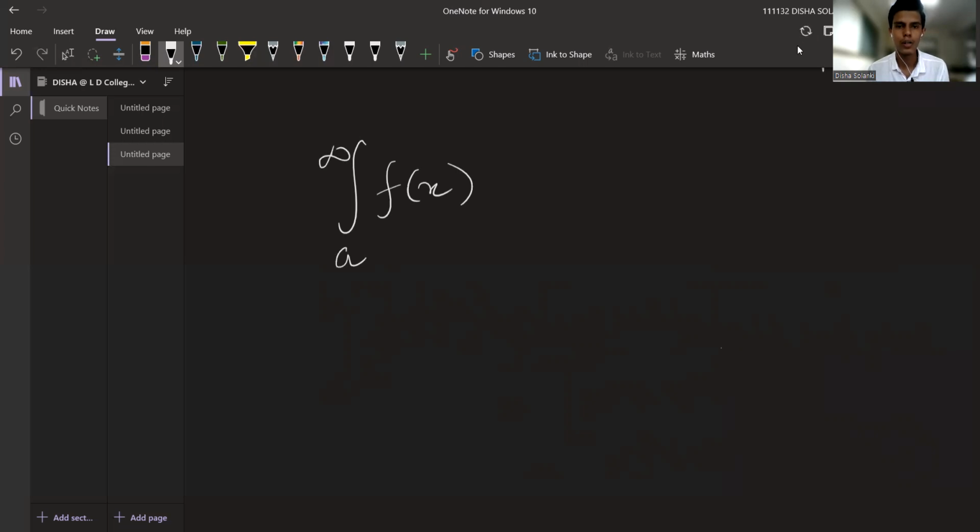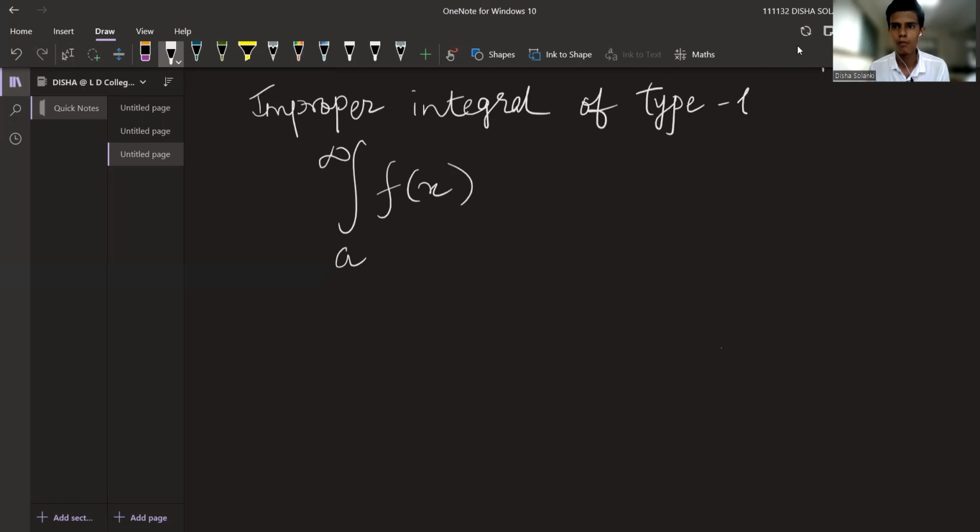Now how to integrate this function? This is also called a type 1 improper integral.